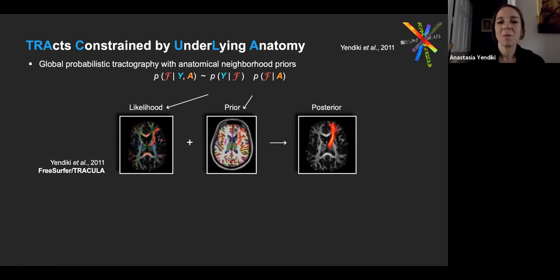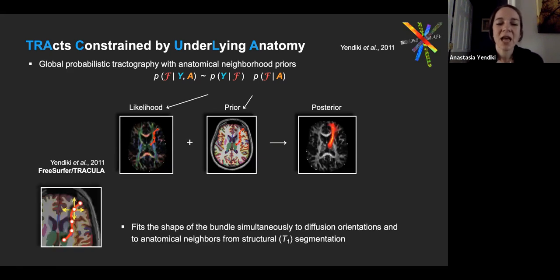So instead of including ad hoc ROIs to constrain the tracts, what we do is we fit the shape of the bundle simultaneously to the diffusion orientations and to the anatomical neighbors from the structural segmentation. So basically, we learn from a set of training subjects how often this tract that we're trying to reconstruct, let's say the anterior thalamic radiation in this case, goes to the left, the right, anterior, posterior, etc., of each of the structural segmentation labels from the FreeSurfer aparc and aseg.